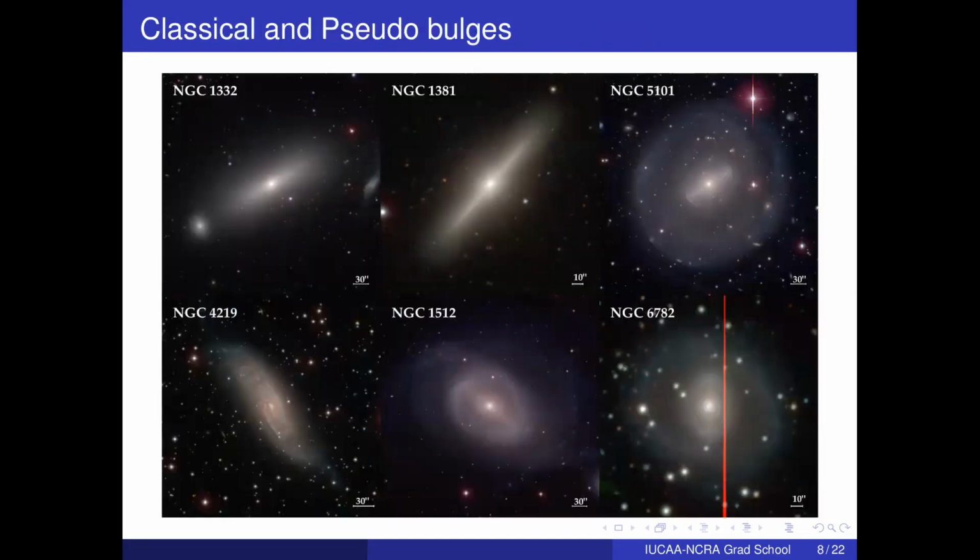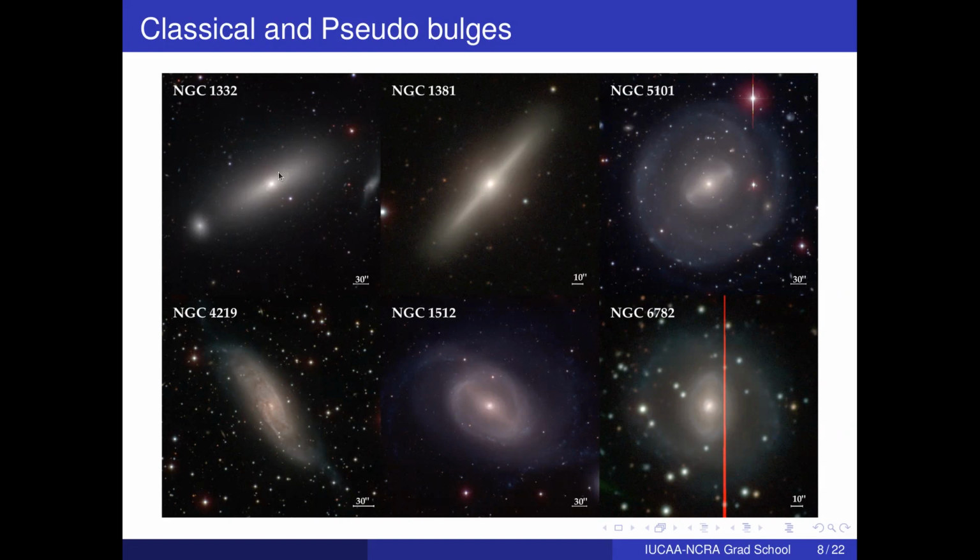Okay. So now we spoke of bulges in spiral galaxies or disk galaxies as miniature versions of elliptical galaxies in almost every way. We said they have an old stellar population, they don't have much gas, they're not actively forming stars, they follow the de Vaucouleurs or Sérsic profile, etc. But some years ago, it was discovered that there are two kinds of bulges.